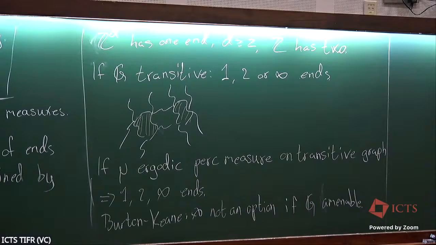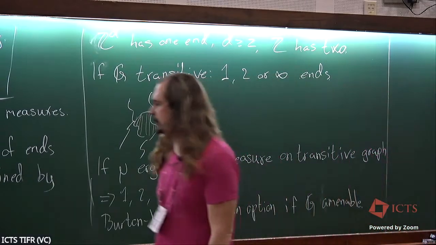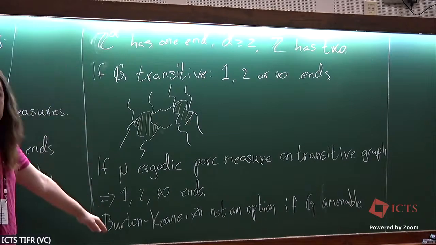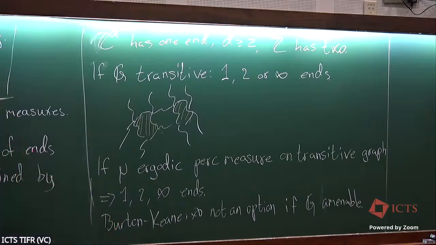You can't necessarily help yourself to an actual trifurcation because nobody told you that this measure had nice properties. So I'll just briefly remind you what this is. This is sort of implying I requested a theory of ends that works beyond the ergodic setting. This is still using ergodic theory to conclude something about the ends. I'll just briefly remind us what this ergodic theory says for the number of ends.